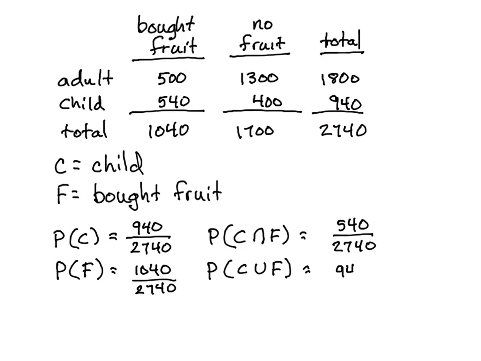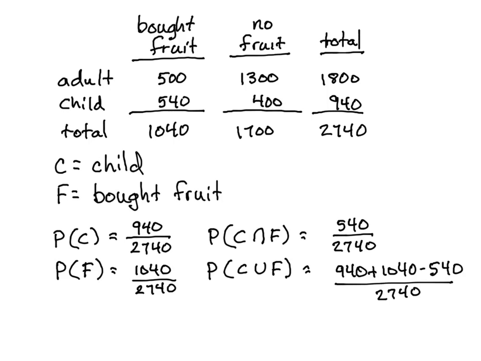And so when we look at intersections and unions, we can see that the intersection is how many were children that bought fruit. You can see that there were children that bought fruit, that's 540 divided by 2,740. So if you looked at just that subset of the population, children who bought fruit, divided by the whole population, you'd have the probability of the intersection.